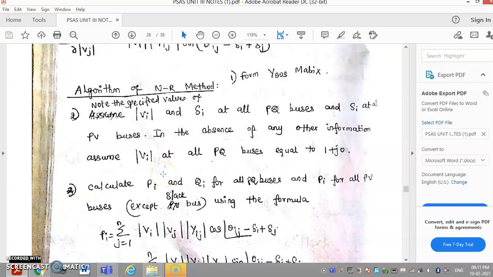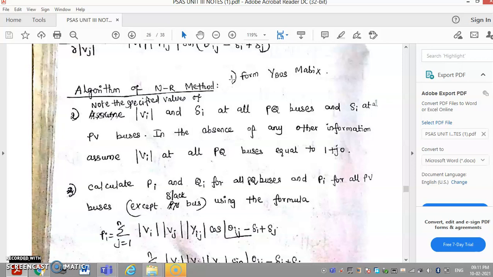Newton-Raphson method. When we compare the NR method to the GS method, in both methods the first step itself is to form the Y-bus matrix, that is, the admittance bus matrix. So, in the algorithm of the NR method, the first step is to form the Y-bus matrix.